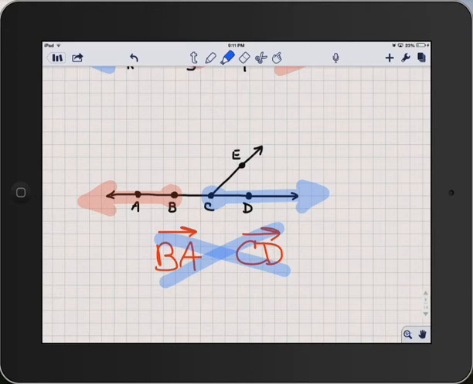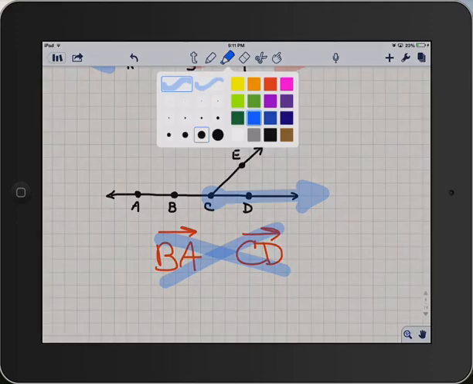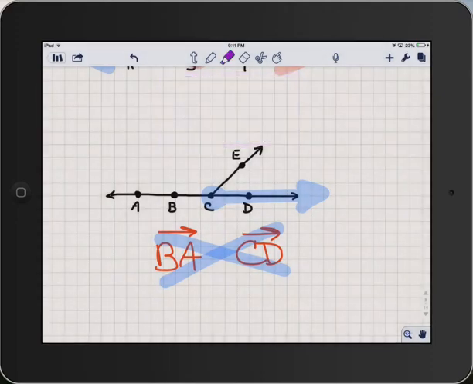And just because 2 rays have the same endpoint doesn't mean that they are opposite rays. For example, ray CD and ray CE, they have the same endpoint and they go in different directions, but they're not a set of collinear points. They do not form one complete line, overlapping only at the endpoints.